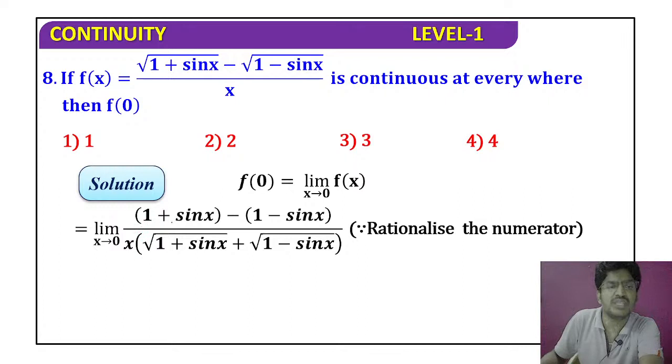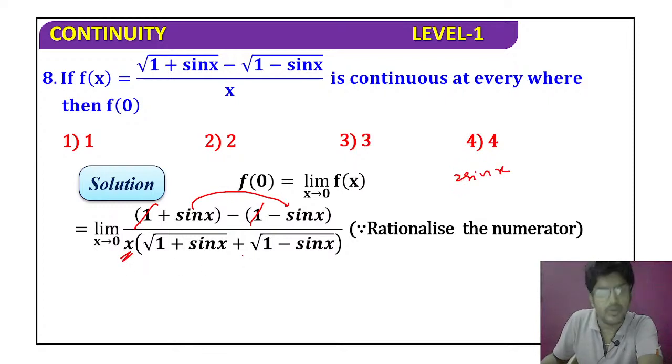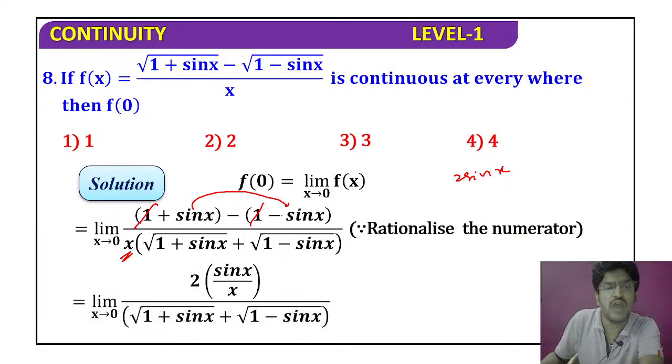So you can see that here plus 1 minus 1 will get cancelled. Sin x plus sin x will be 2 sin x. And here you have already x, no problem. So therefore you have got 2 sin x, and this x I have written here, sin x divided by x.